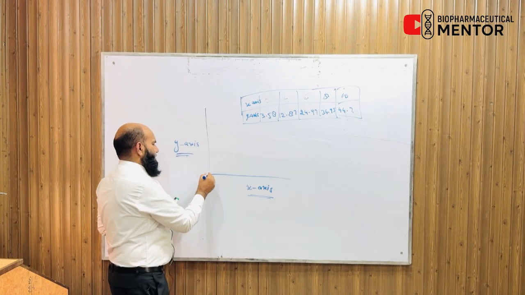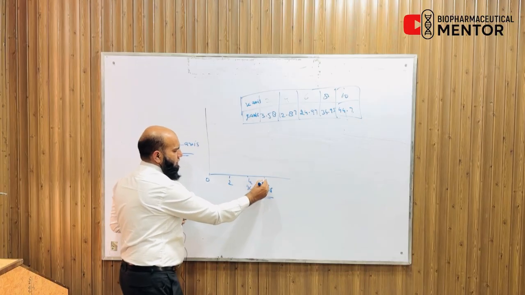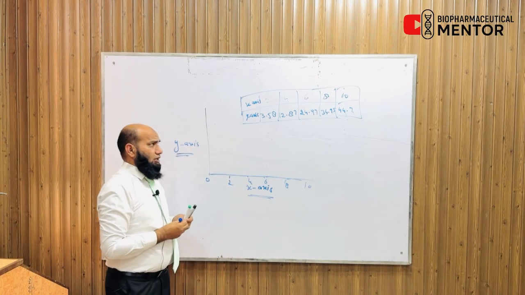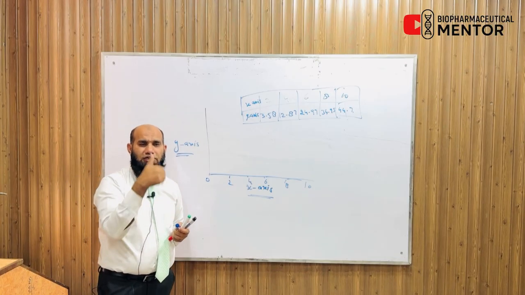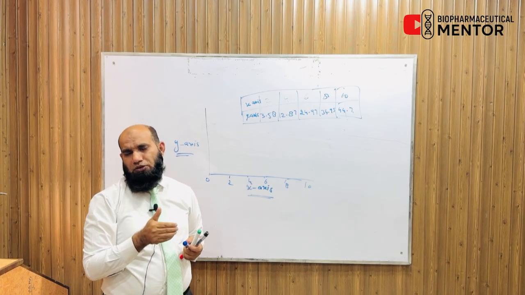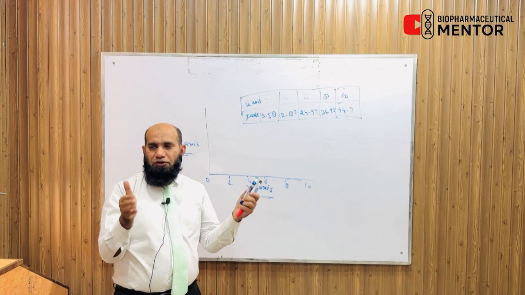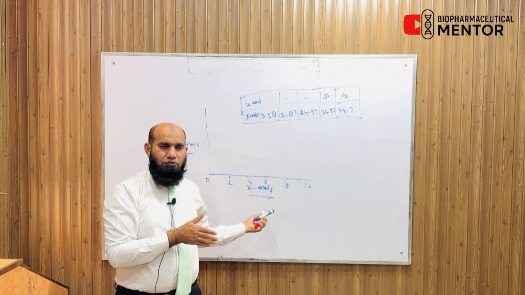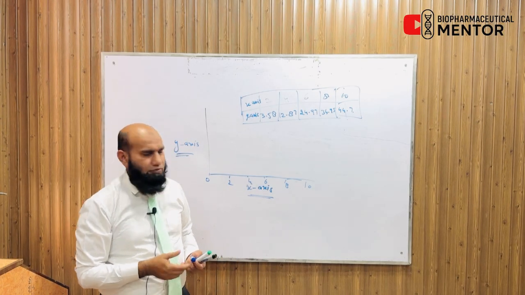Now we start with the x-axis: 0, then 2, 4, 6, 8 and 10. I have written just the difference of two, but you should first see the highest and lowest values, take the difference of the highest and lowest, and then make the values of the big divisions, and by dividing into 10, the values of the small divisions.